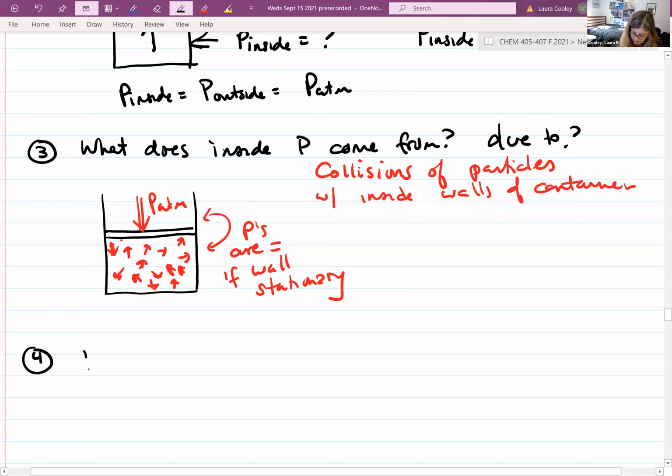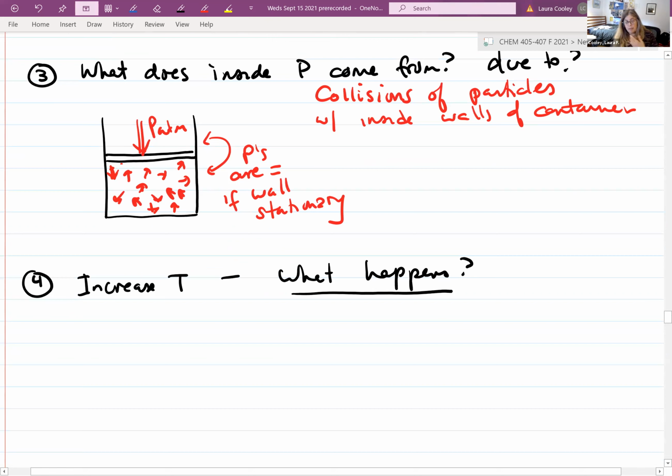So now I'd like to increase the temperature. So what happens when the temperature goes up? Well, maybe you remember from general chemistry that when the temperature goes up, the molecules move faster. So this actually has two consequences.